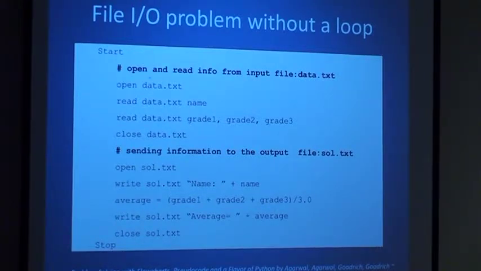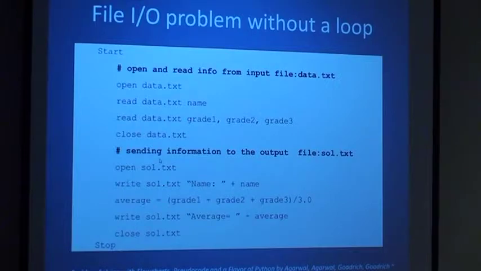So we are done with entering all the information from the file, not from the keyboard. If you wanted it from the keyboard, all you have to do is eliminate open, eliminate read data.txt, just read the name, right? Read grade 1, grade 2, grade 3, leave out data.txt and leave out the close. So that would be the ordinary way of doing it from the keyboard.